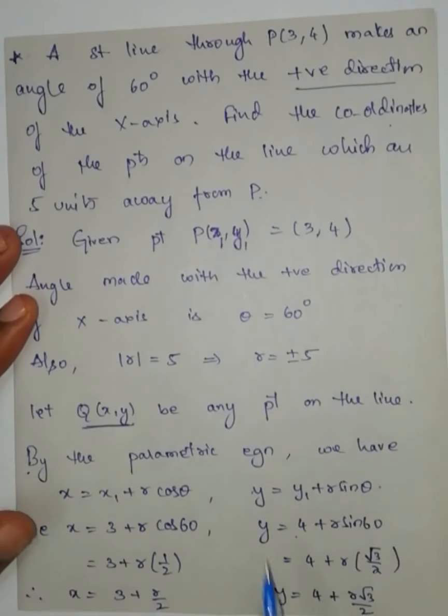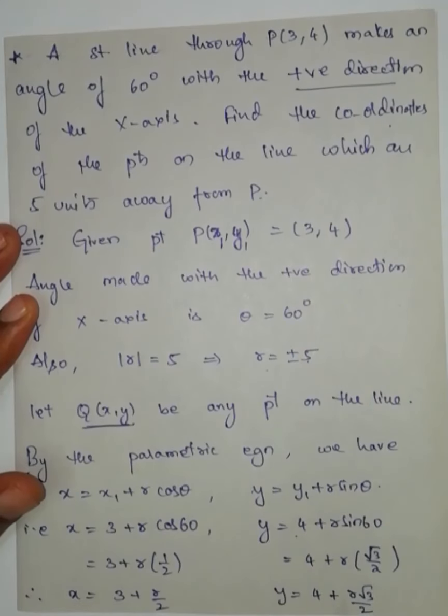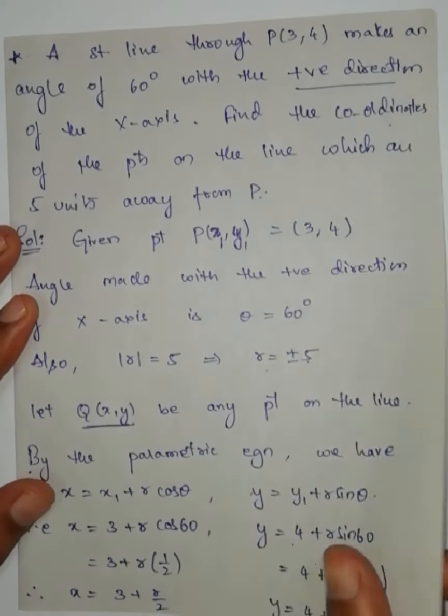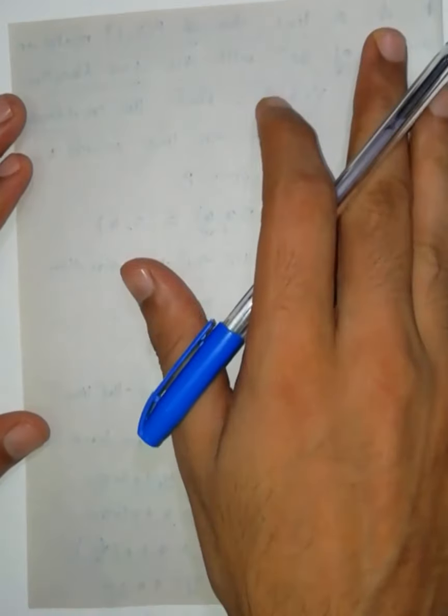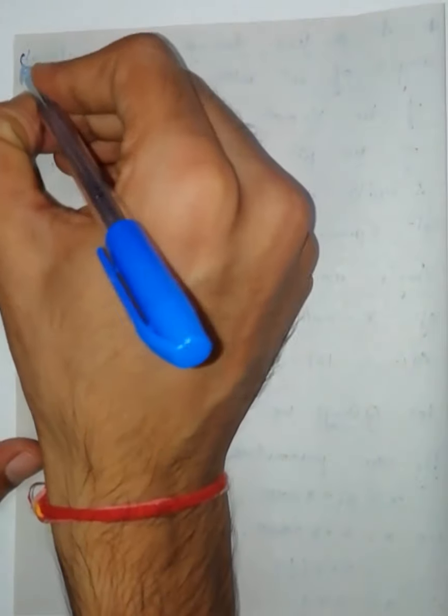Now for different r values we will get different x and y values. So case 1, r is equal to plus 5 and case 2, r is equal to minus 5. Let us start with case 1.